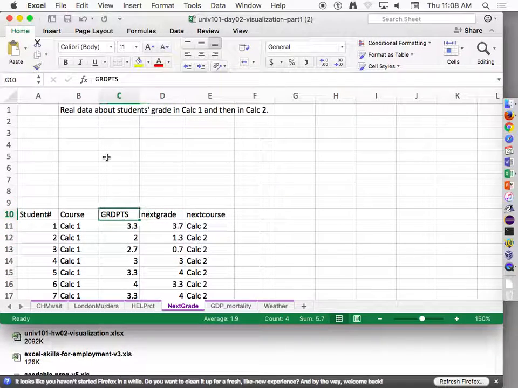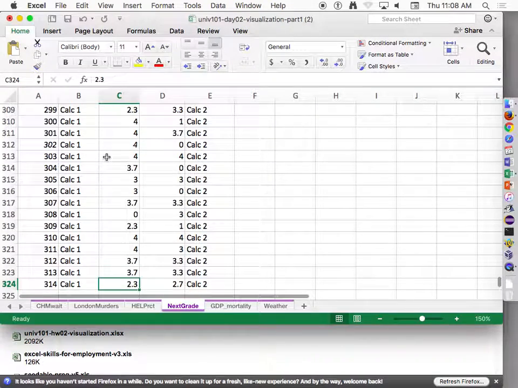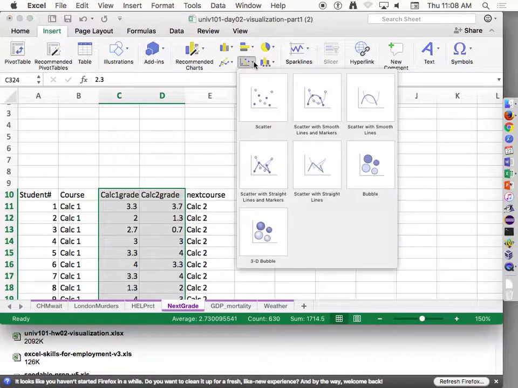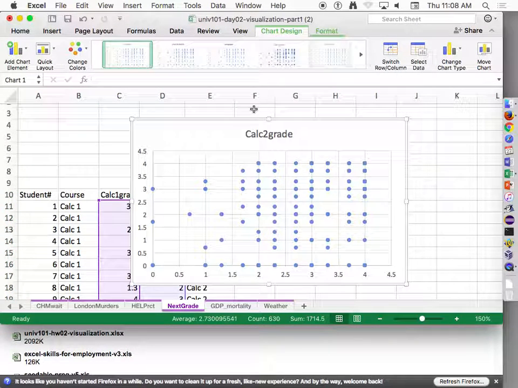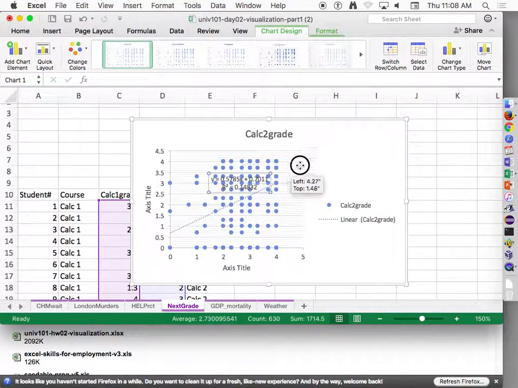I can even highlight those. Does that look helpful? Put a trend line on it.